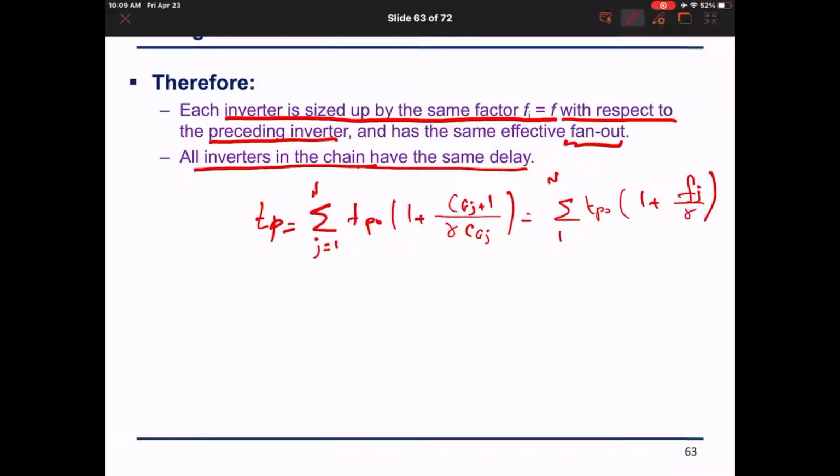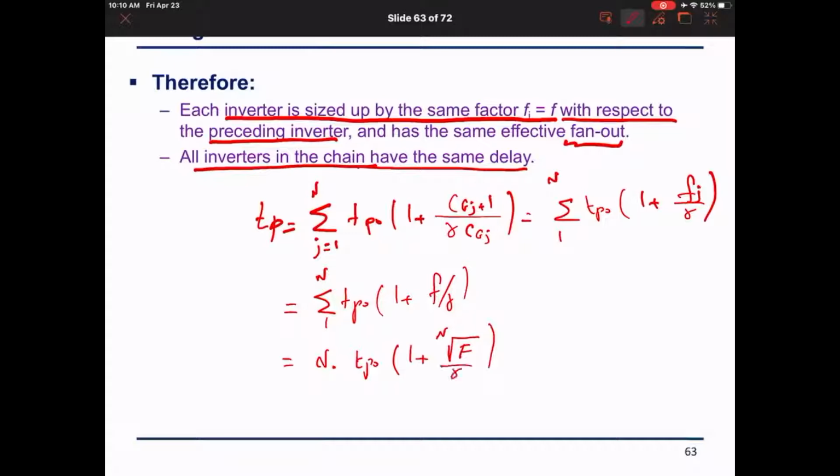But FJ is the same because they all have the same F. So the total delay becomes the summation from 1 to N of TP0 into 1 plus F over gamma, which is N times TP0 into 1 plus what is F? It is the nth root of big F over gamma. Okay, so now I can find out the total delay of this chain of N inverters.